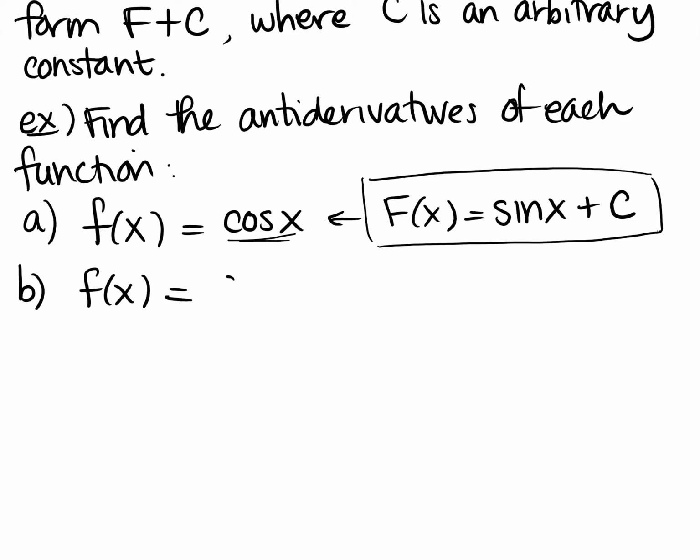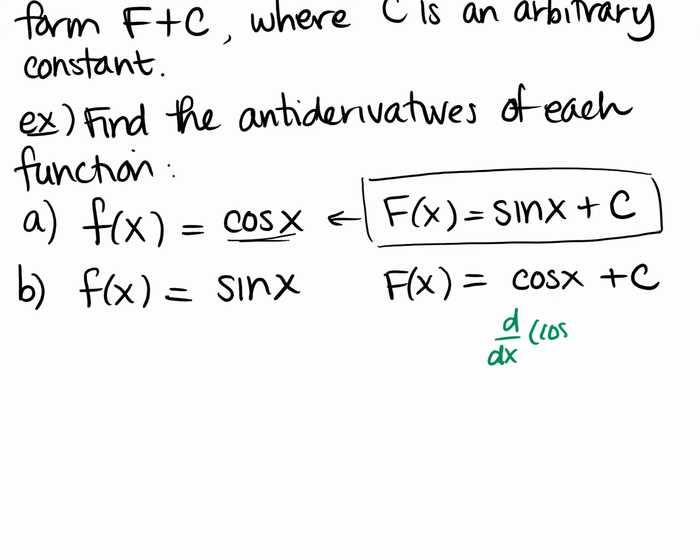So likewise, what if I had f of x equals sine of x? So you might say to yourself, I think that its antiderivative is cosine of x plus c. And then your self would answer back, I don't know what's happening here. Well, but self, if I took the derivative of cosine of x, because I know that c would go to 0, I know that the derivative of cosine of x is a negative sine x.